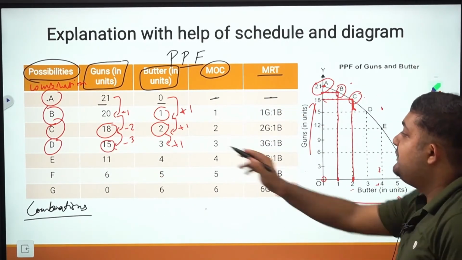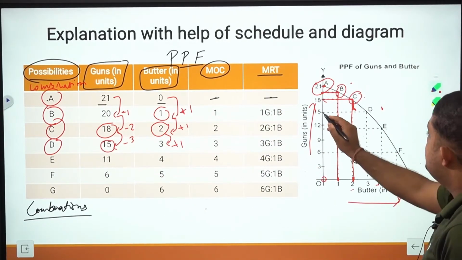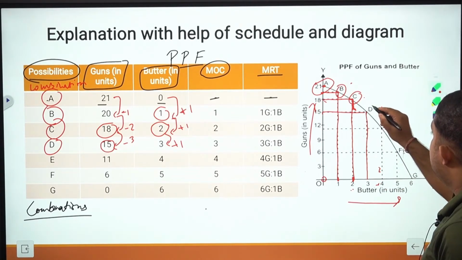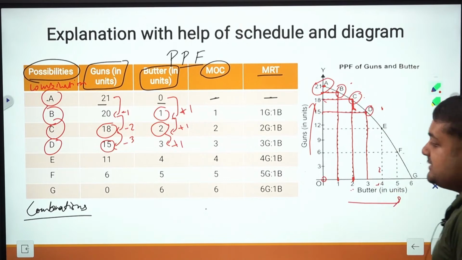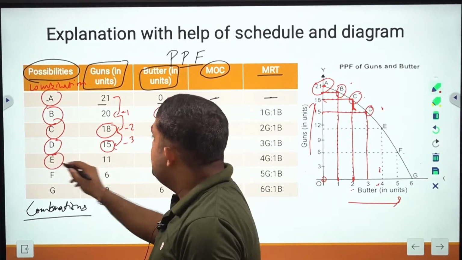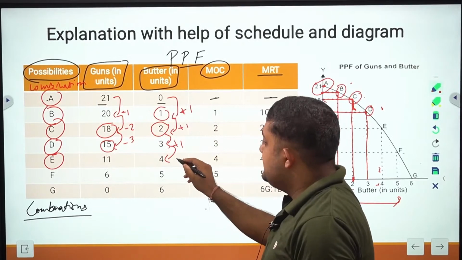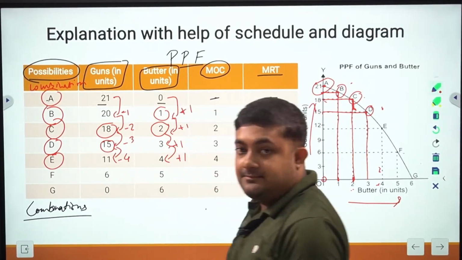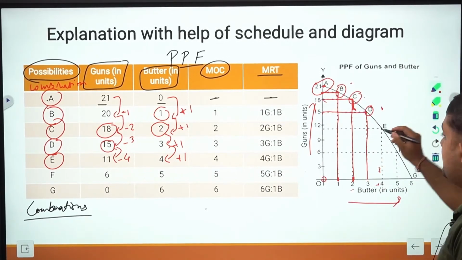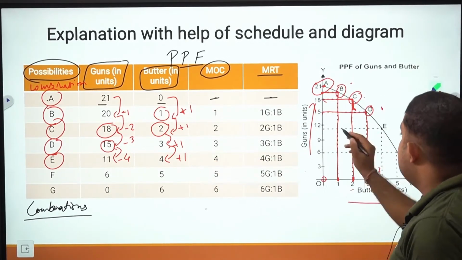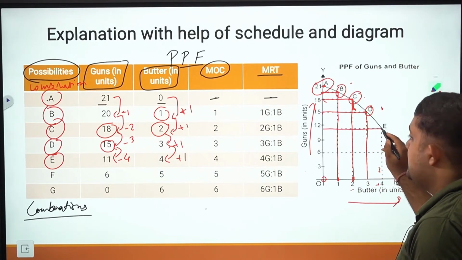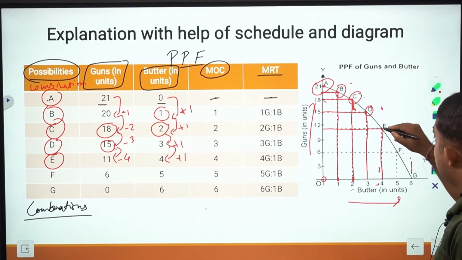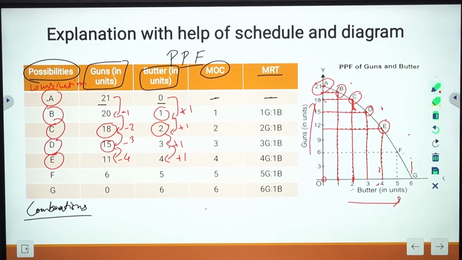So here 15 and 3 in combination D. Join here, this is the combination D. Similarly in E, to produce one extra unit of butter, we had to sacrifice 4 units of guns. So this is 11 guns and 4 butter. Join it, this is the combination E.